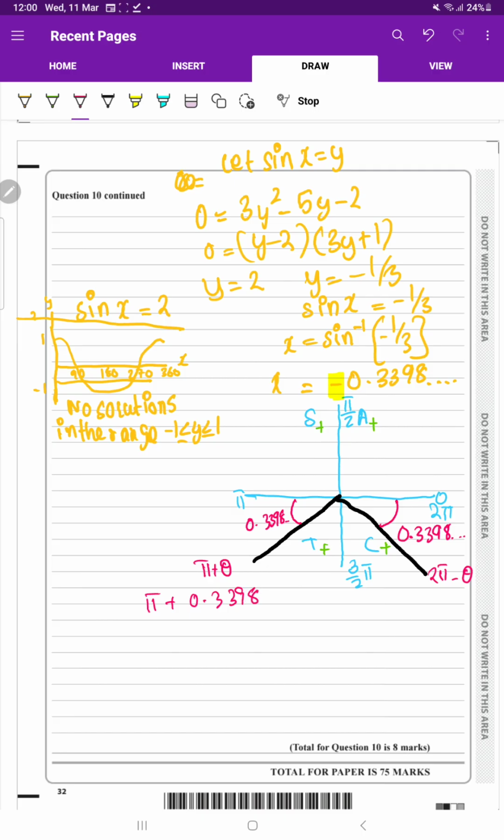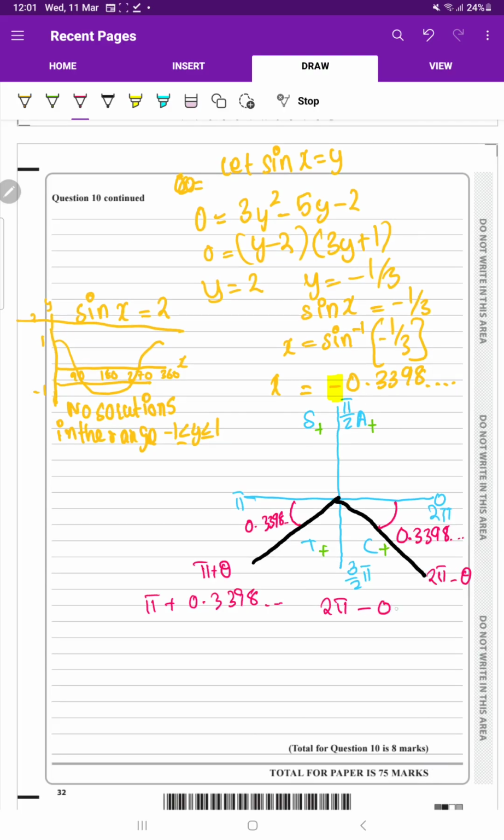You can store this value in your calculator, or make sure that you don't round off. And we have 2 pi minus theta, where theta is 0.3398. Put this in the calculator, let's see what we have.